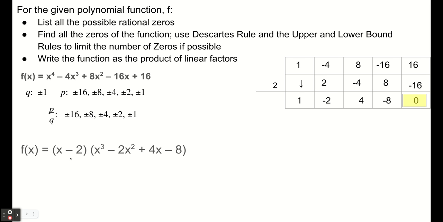And what's left is 1x cubed minus 2x squared plus 4x minus 8. So what we do next is look at this cubic expression.